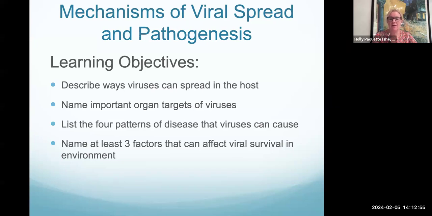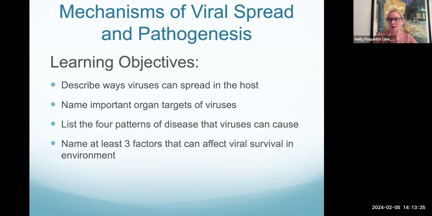Pathogenesis, you want to think of, is the damage, the infection and damage that a virus can cause. The learning objectives for this particular mini lecture include describe ways viruses can spread within the host, name important organs that are targeted by viruses, list the 4 patterns of disease that viruses can cause, and name at least 3 factors that can affect viral survival in the environment.